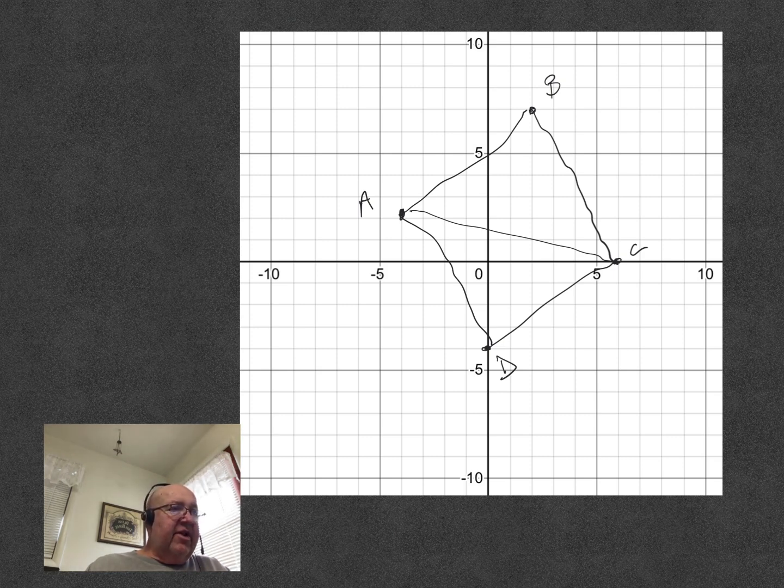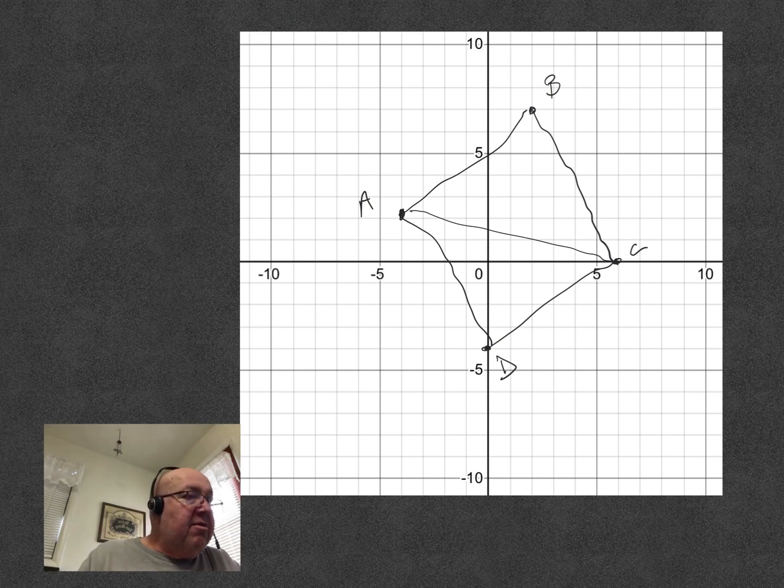This is a little bit of an odd shape, so you're going to calculate the perimeter using a similar formula, doing the distances from each point, A to B, B to C, C to D, and D to A, and then adding those up. Then you're going to calculate the area using what is called a shoelace formula.